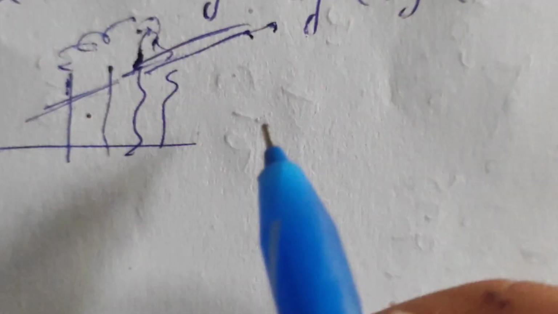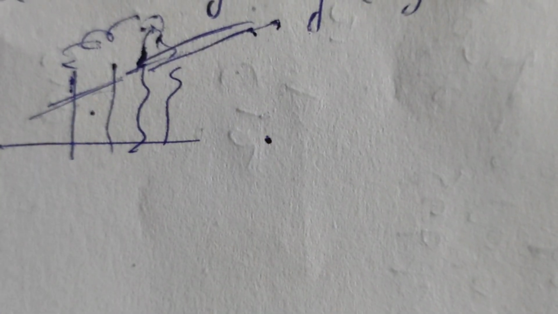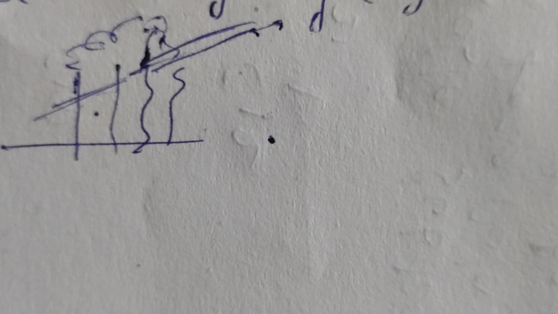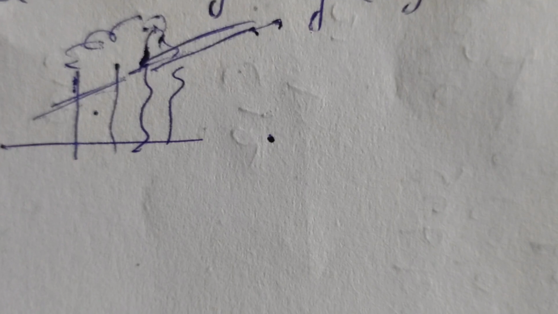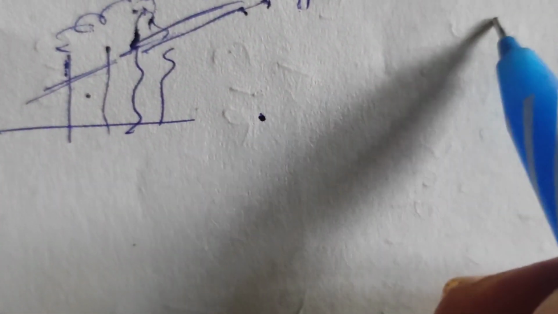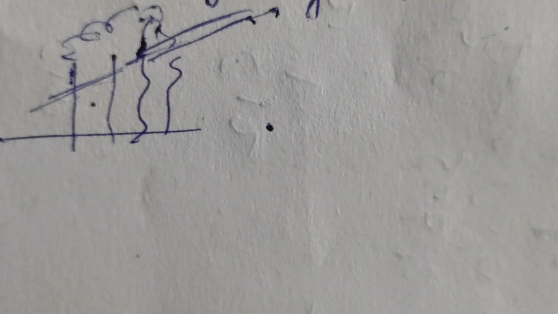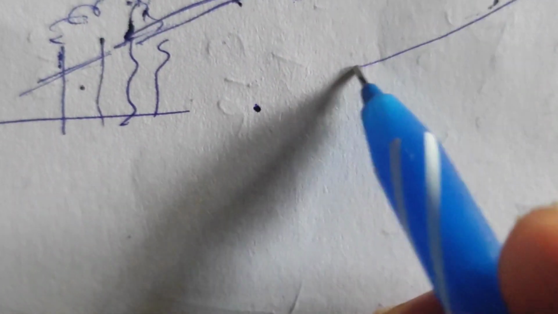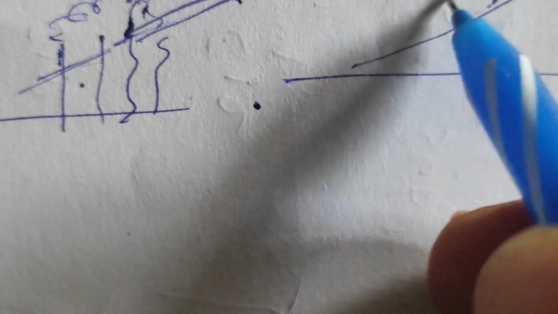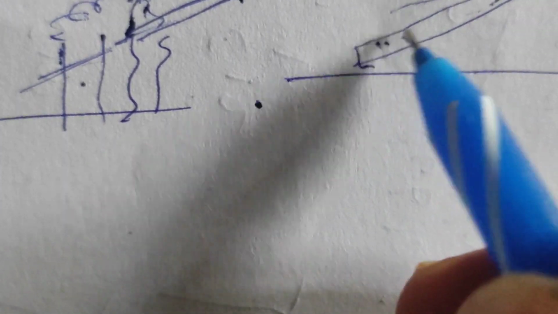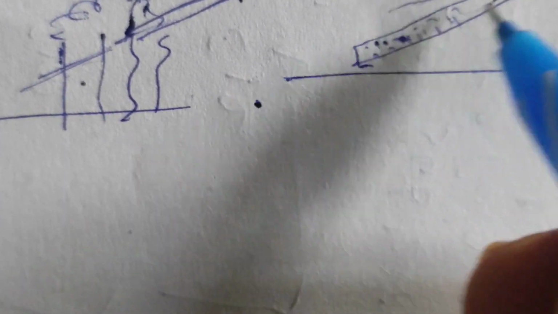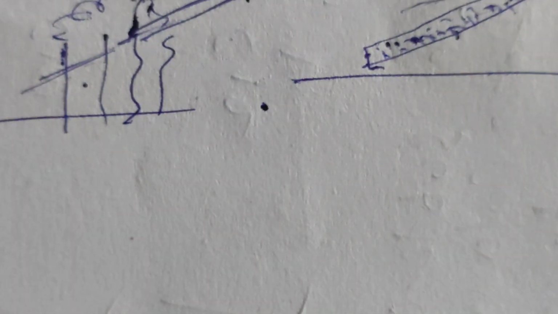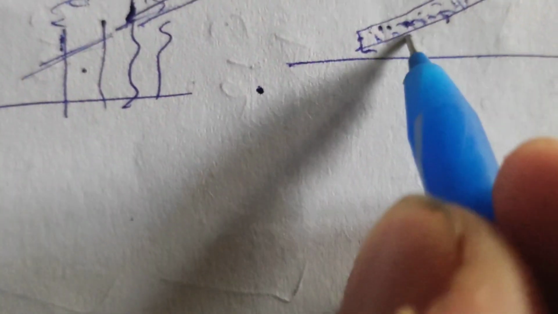Even in the morning, maybe in the rainy season or any season, the light that comes from the sun through a window is clearly visible, and we see small dust particles floating in the air. This type of effect is called the Tyndall effect.